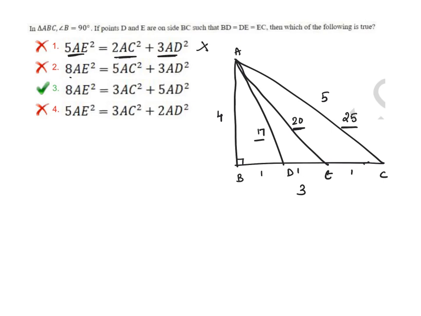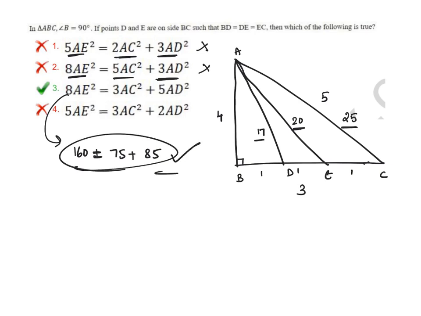It is not. 8 into AE square is 160, 5 into 25 is 125, 3 into 17 is 51. No, it will not be. 8 into AE square is 160, 3 into AC square is 75 plus 5 into 17 is 85. Therefore, this accurately proves the result. So we don't need to prove it in the exam. All you have to do is just verify it with the values. That will be enough. Otherwise, you will not be going to solve this in the proper time.